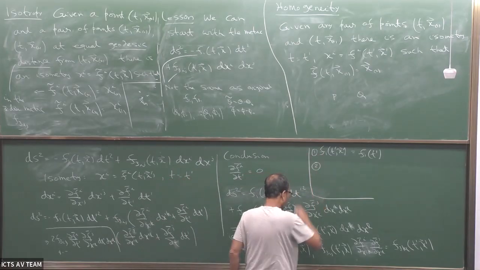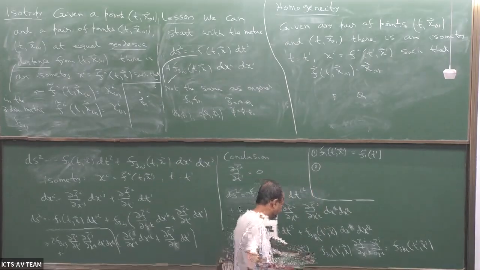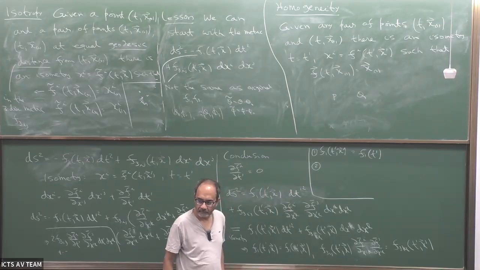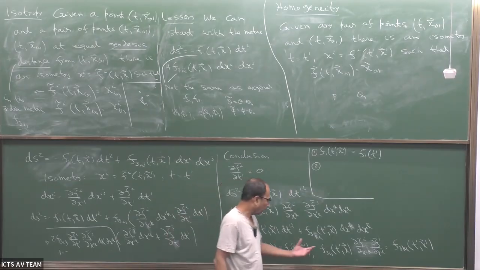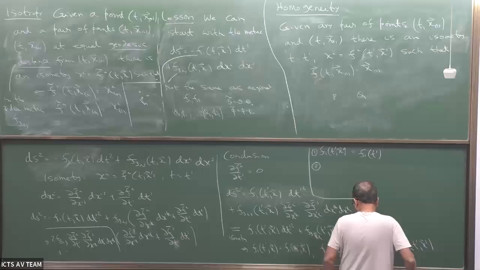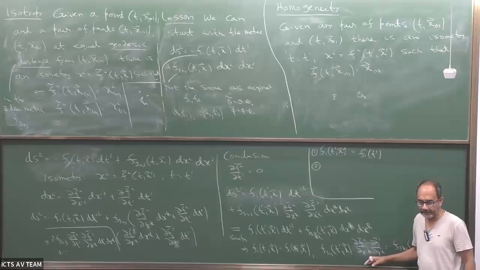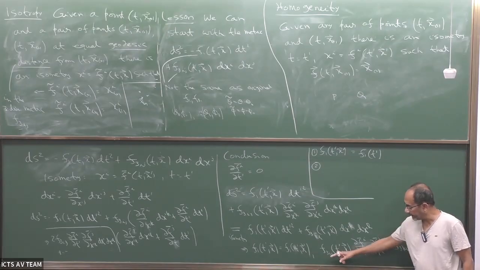The second observation, which is here, can now be interpreted in purely 3-dimensional terms. Look at the left-hand side. What is this object? Physically, what does it represent? Yeah, so this is like F prime 3ij.